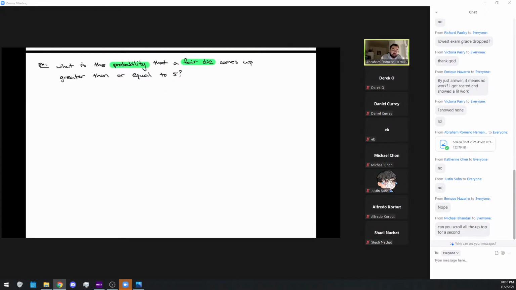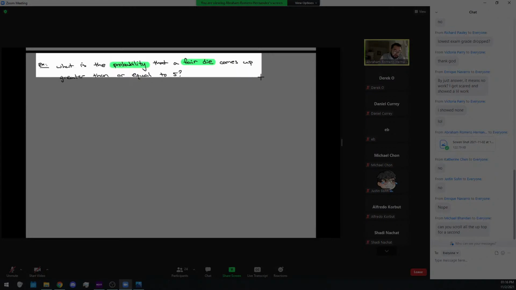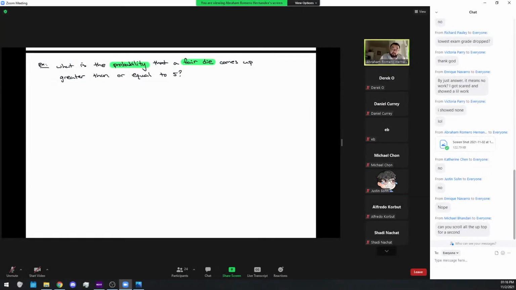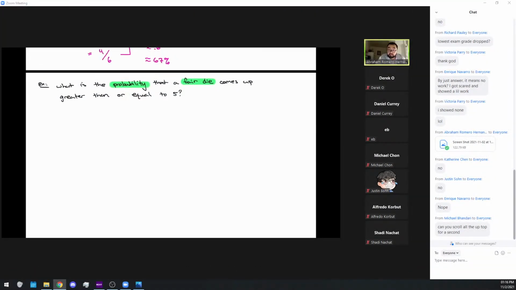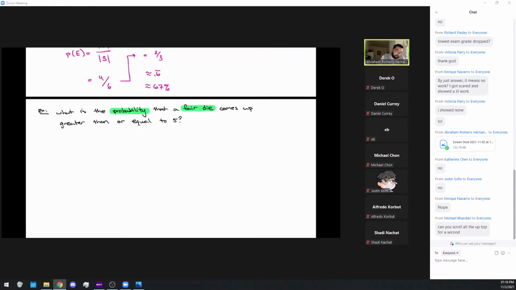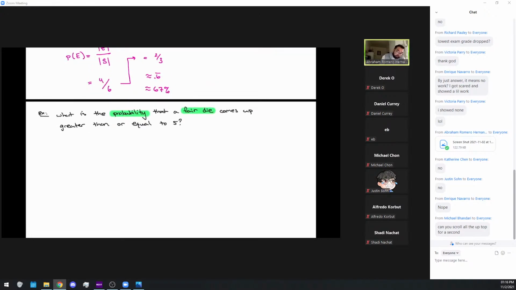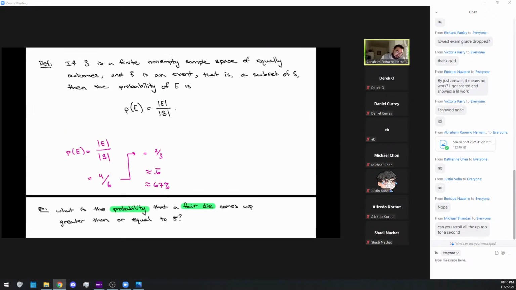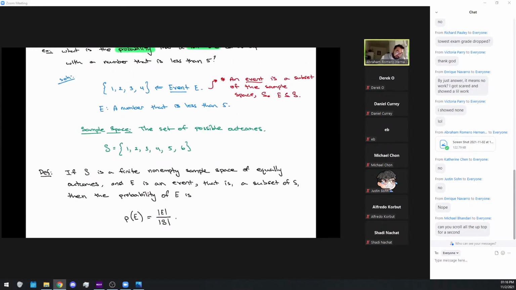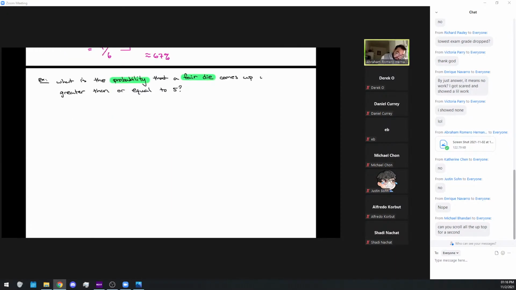What is the probability that a fair die comes up with a number greater than or equal to 5?